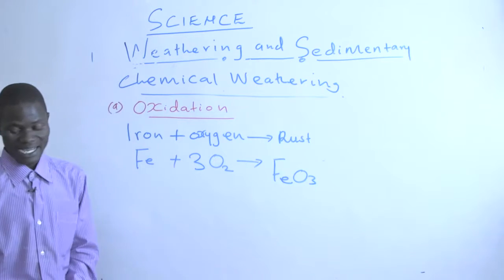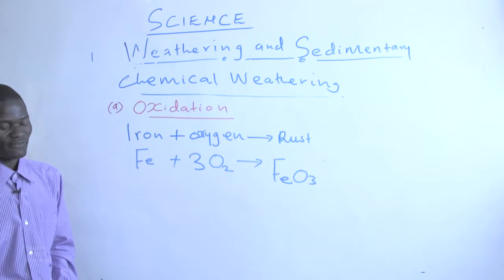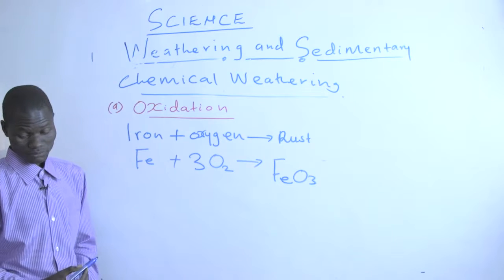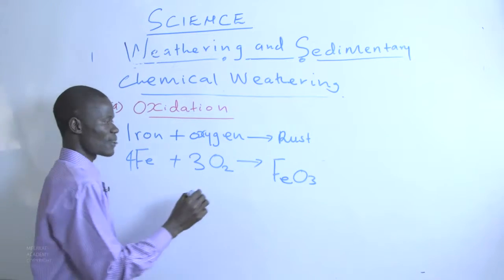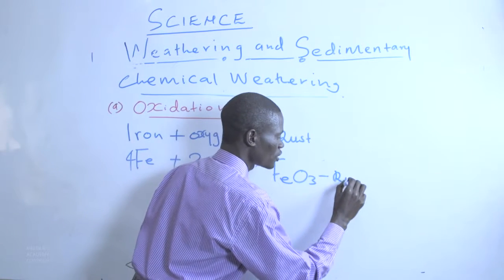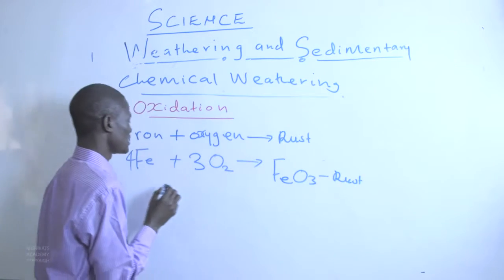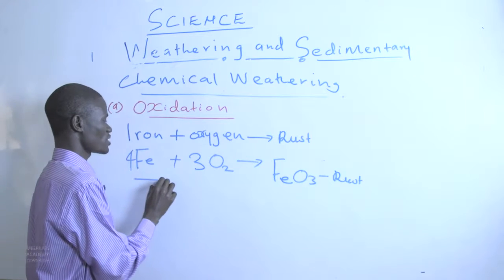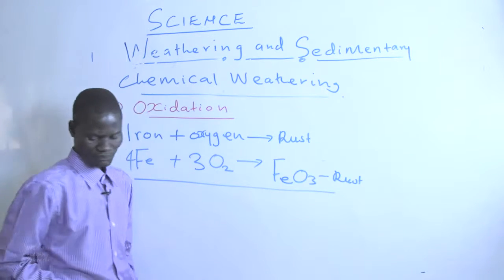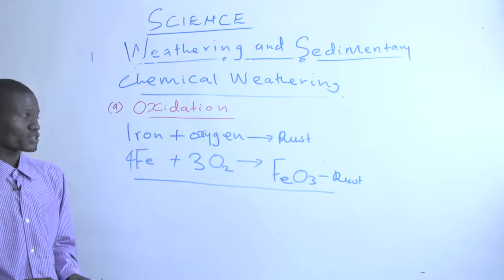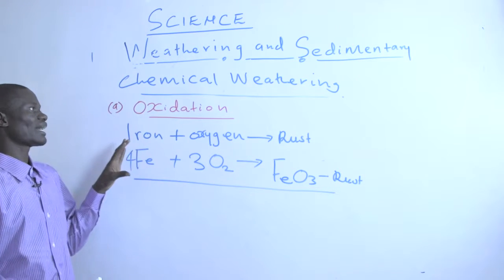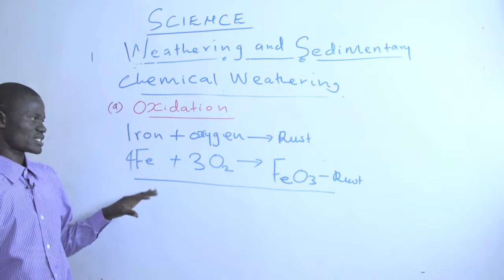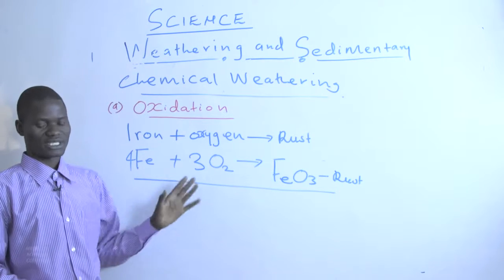This is the iron oxide, which is referred to as rust. This is what we call rust, a substance that is formed in the process of oxidation, and therefore this is a chemical process that involves oxidation.